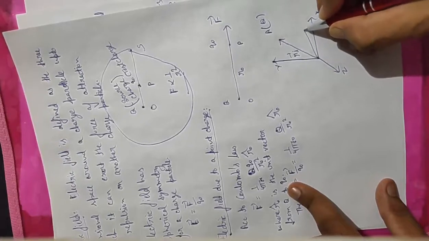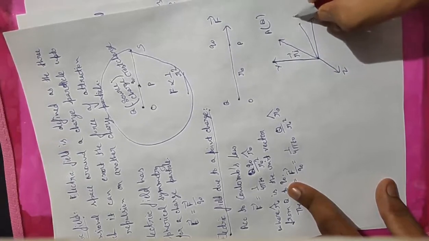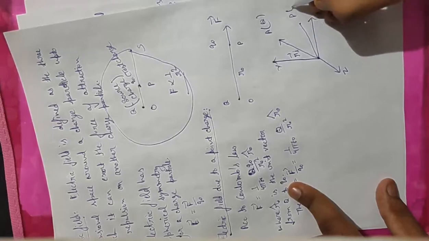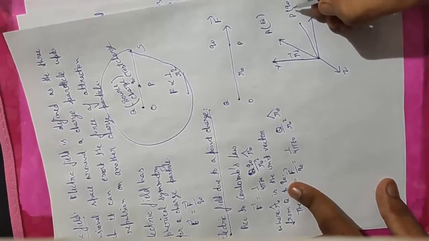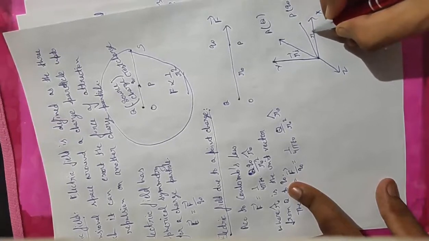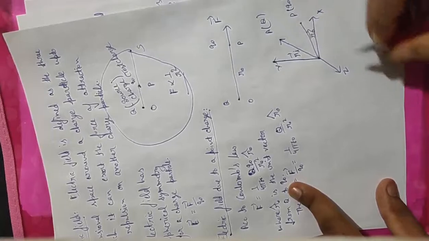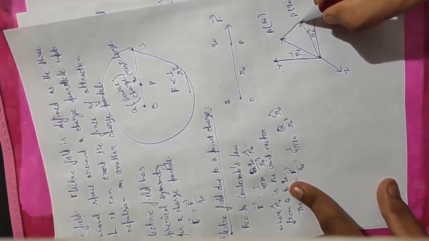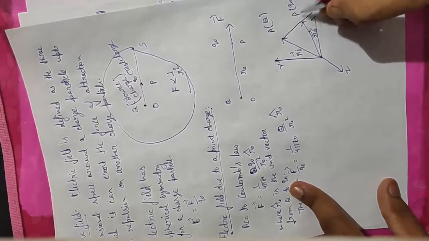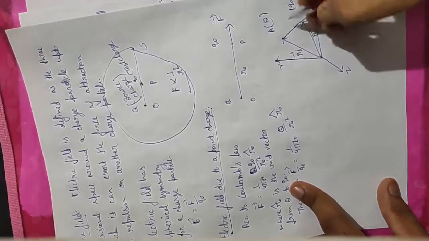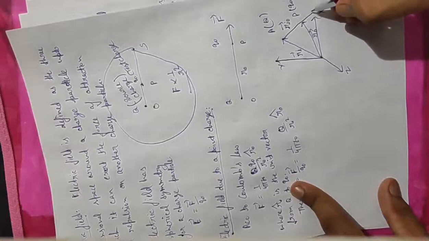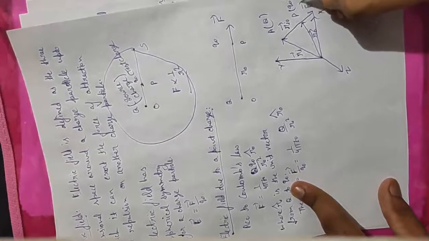We have to calculate the electric field intensity at point P. So to calculate the electric field at point P, we will consider a small test charge placed at point P, at position vector r naught. The displacement vector will be along AP, and it is r i naught vector, and the force is represented along this direction because of the same polarity.